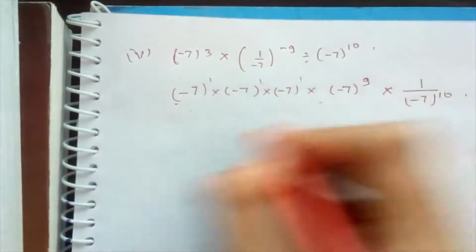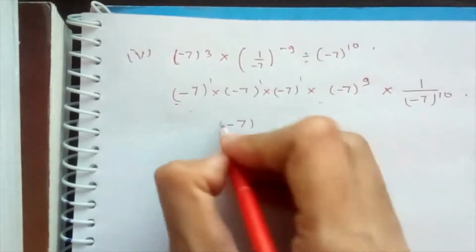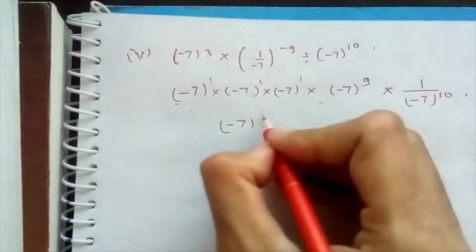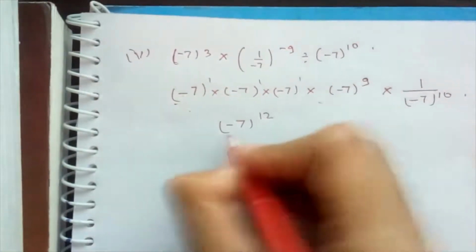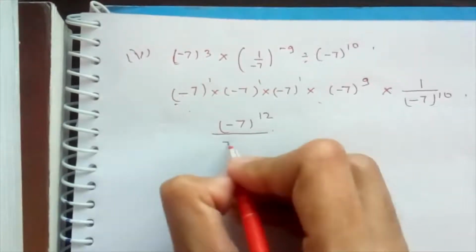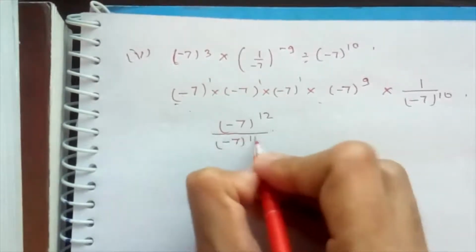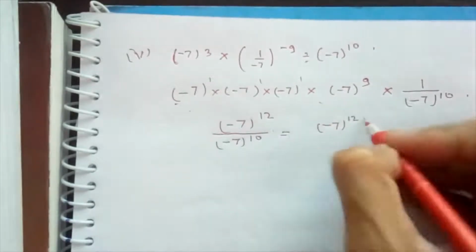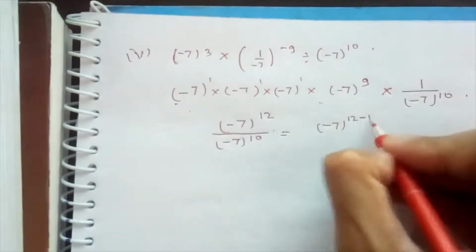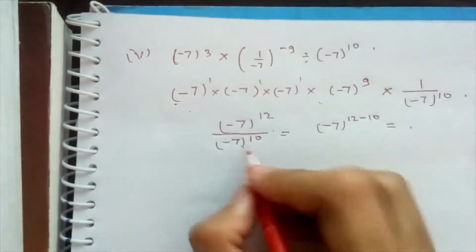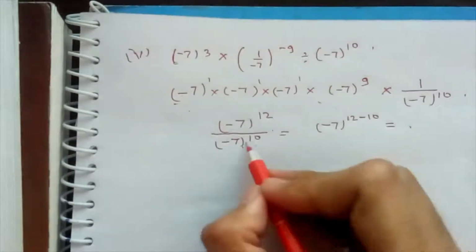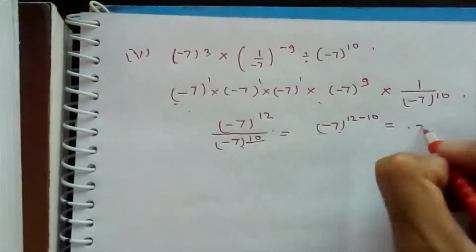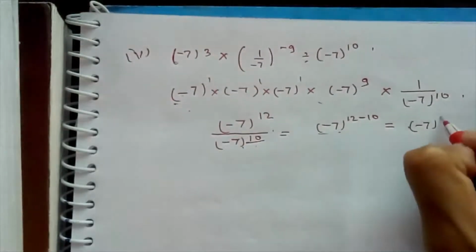It's minus 7 whole to the power 9 upon minus 7 whole to the power 10. We could write it as minus 10. Okay, it's in remainder, so it will go upward and power will be negative and the base is same, so now we will subtract it.